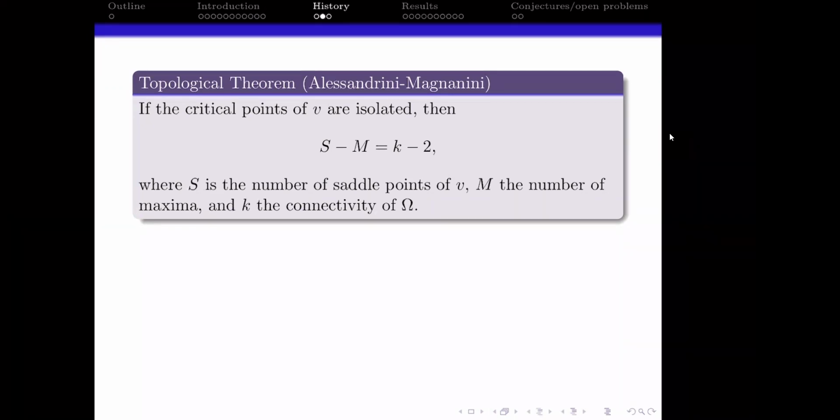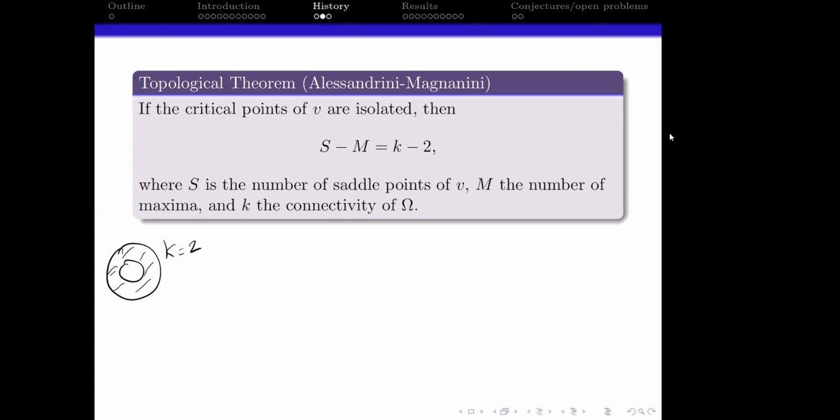Then S minus M, where S is the number of saddles, capital M is the number of maxima, and K is the connectivity, that is, the number of holes plus 1. Just to keep in mind, if you are an annulus, K is 2, and simply connected means K is 1. So S minus M is K minus 2. This is a topological theorem.